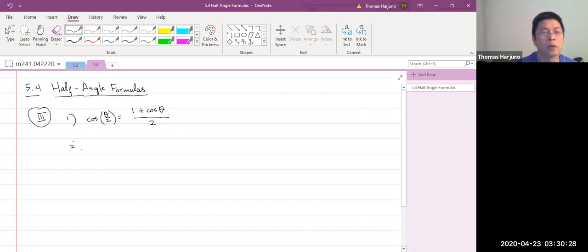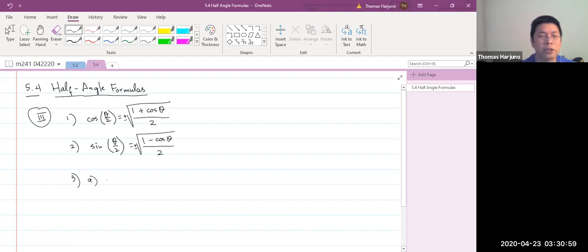The second formula, sine theta over 2 is equal to 1 minus cosine theta over 2. Oh, you know what? I forgot something. Plus minus square root. And the third formula, the first variation, we don't really use this, but I write it down anyway.